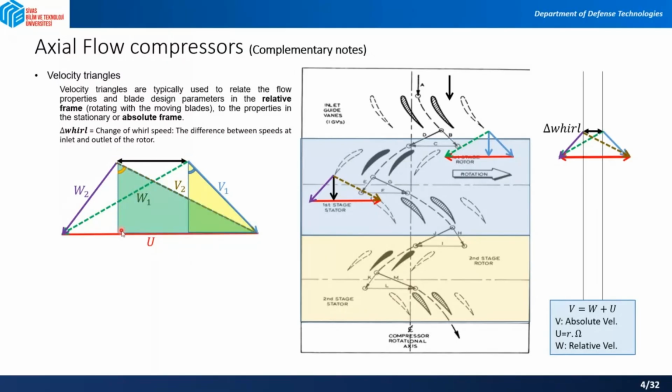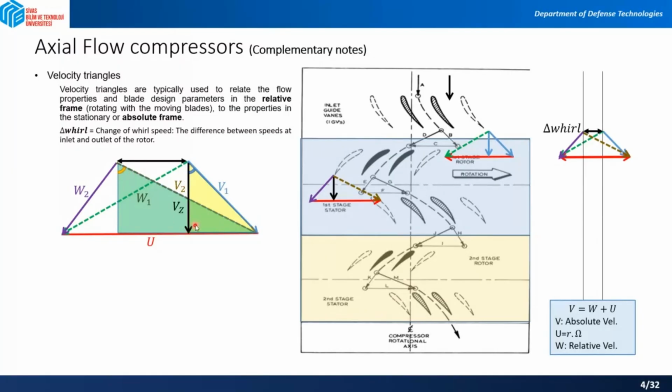And if you consider this angle and this triangle at the outlet of the rotor, you have the V2 velocity. So we are dealing with absolute velocities, of course, not with the relative velocities in calculating the delta Vw. So this is again your alpha 2 angle.